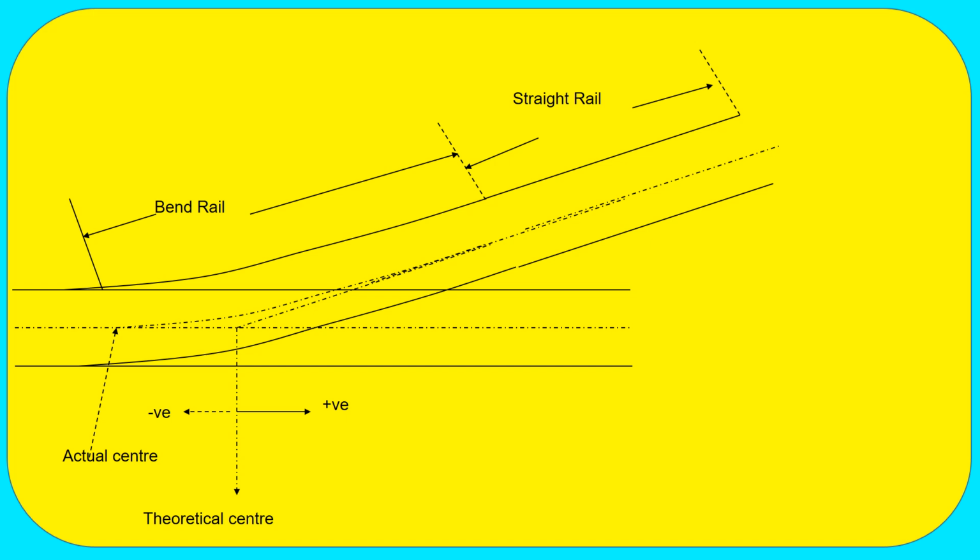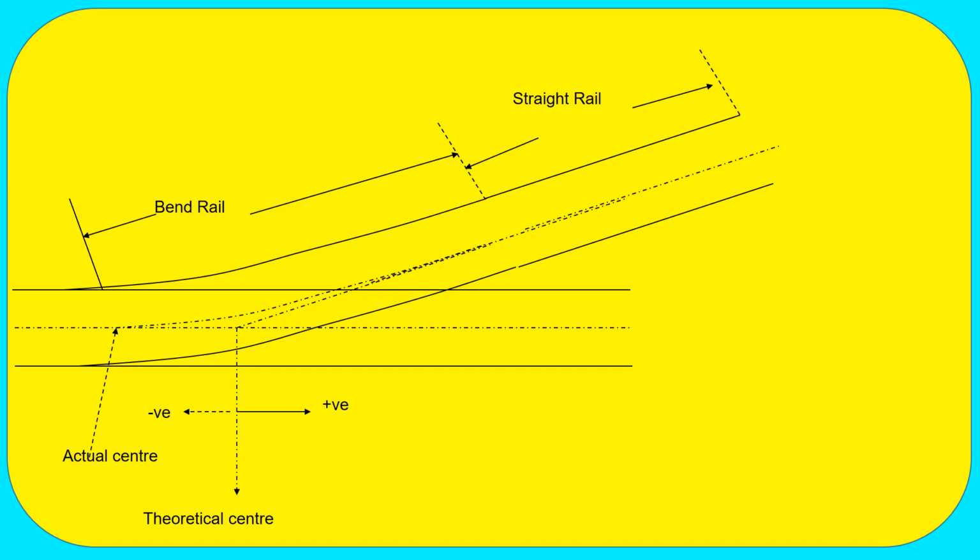That is crossover. Crossover is a connecting line between two running lines. Running lines means, suppose, up and down. It has not been initiated from that place. A new line that starts from that place is a turnout. Suppose in a station area our loop line starts from the main line; that is a turnout.